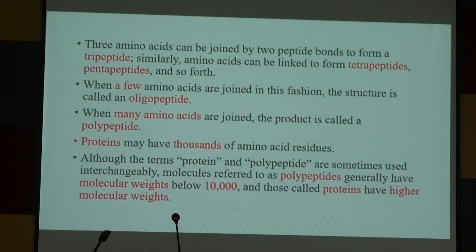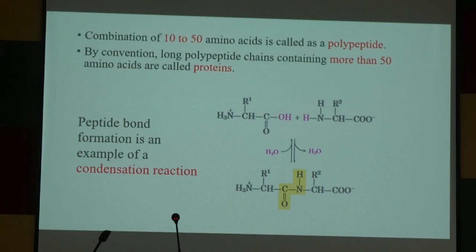Below 10 amino acids, it is oligopeptide. And I have already mentioned when the molecular weight is below 10,000, these are polypeptides, and when above this number, these are proteins. Or we can also say between 10 to 50 amino acids, they are called polypeptides, and more than 50 amino acids, these are proteins.